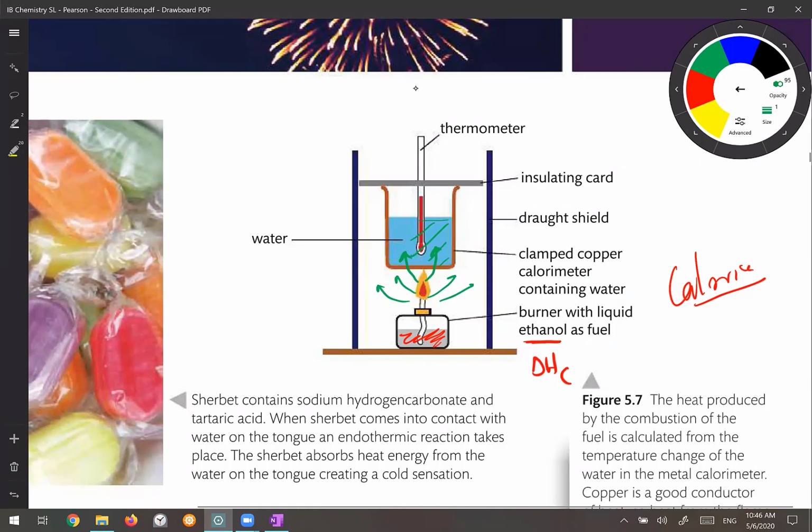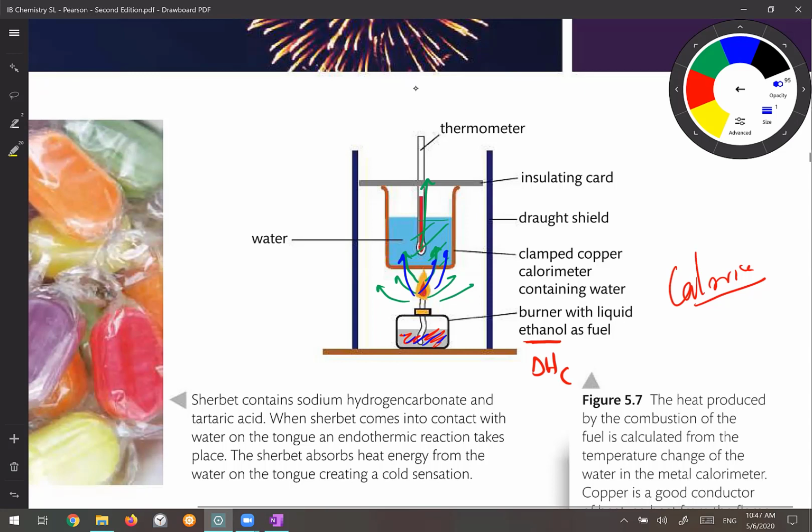What happens to the temperature of the water? The temperature of the water obviously increases. So from the change in the temperature of the water, we can find how much energy is transferred to the water, which is equal to the amount of energy released by the combustion of the ethanol.